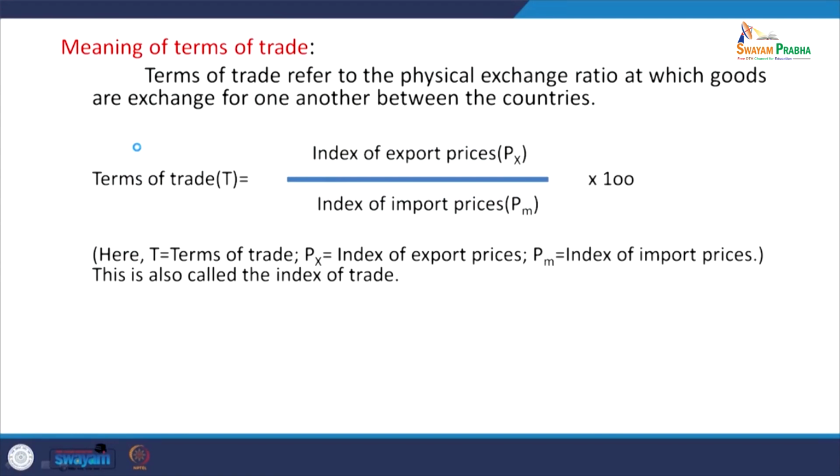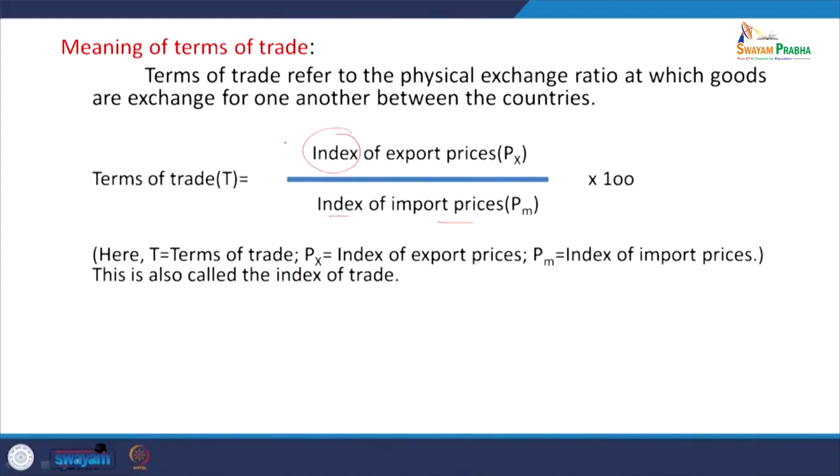Again, the simple calculation of TOT, the terms of trade, is an index of export prices to index of import prices. Index is very important because a country usually is attached with various products X1, X2, X3, X4 till n number of products that are exported.